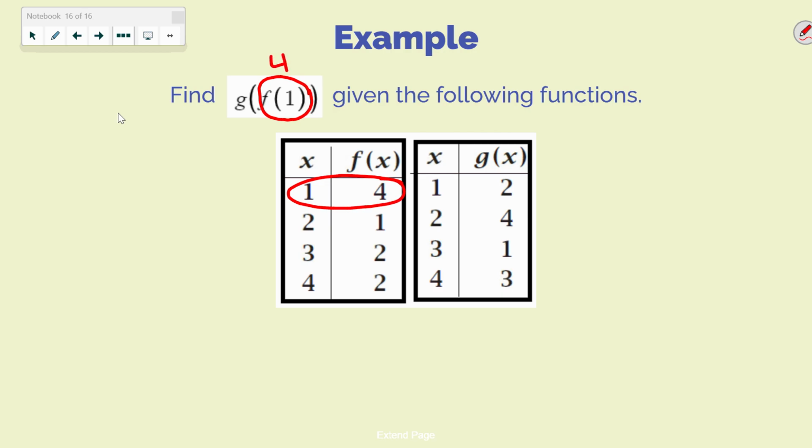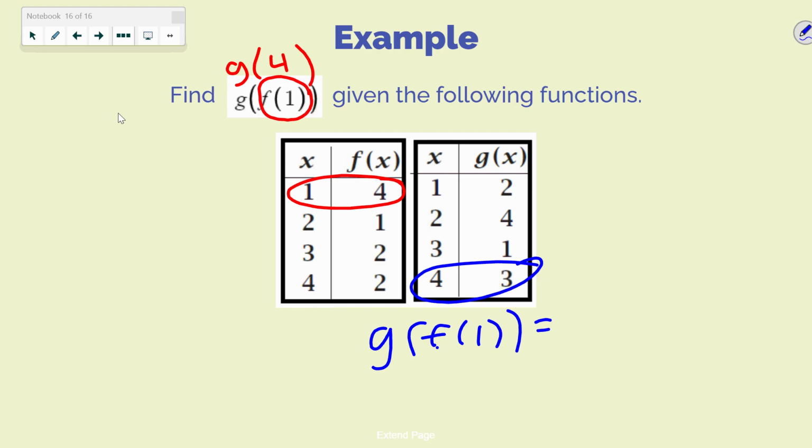X is 1, output is 4. Now I'm going to take my g function, and what's the x value for my g function? 4. And then what's the output? 3. Great job. So g of f of 1 is equal to 3.